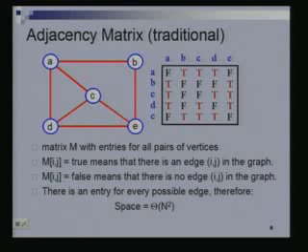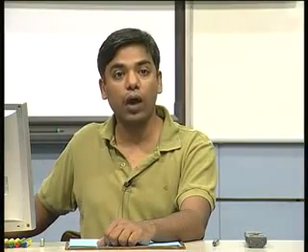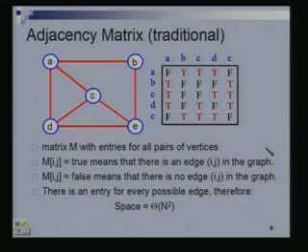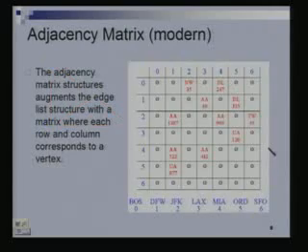Let's see. Adding a vertex would mean creating a new row and a new column. So it's order n time, yeah, order n.